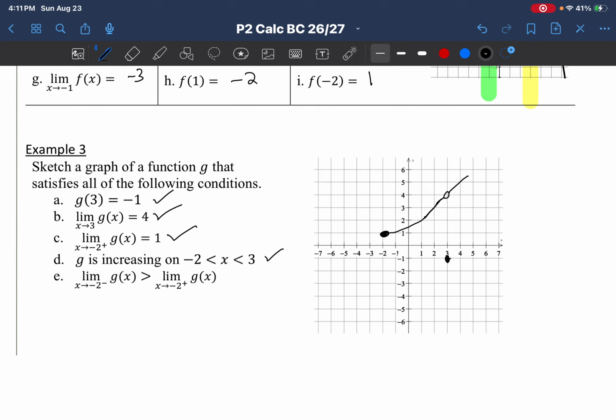And then the limit of g of x as x approaches -2 from the left is greater than when it approaches from the right. So if I'm going to have this be 1, I need to have something greater. So 3 is greater than 1. Then I'm going to have this go this way, and I can add an arrow here, and there we go. I have finished all my conditions and created my graph.